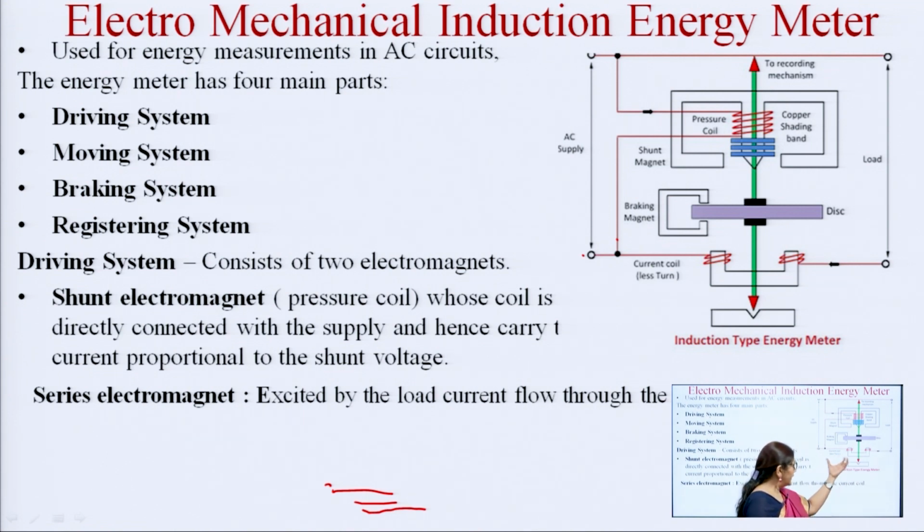The current coil current is proportional to the load current, meaning whatever load current is drawn by the load circuit flows through the current coil. There is a disc.